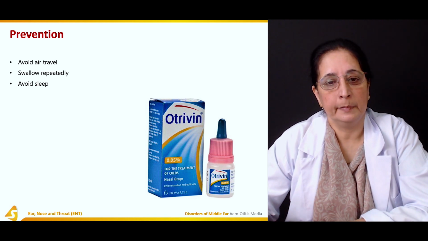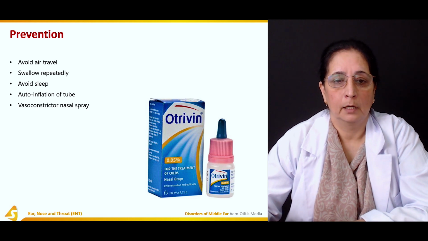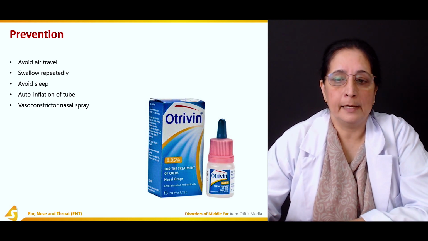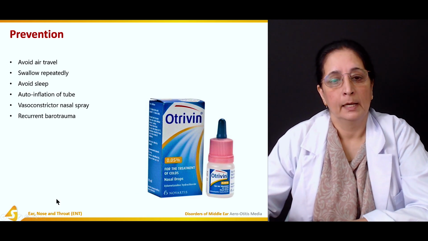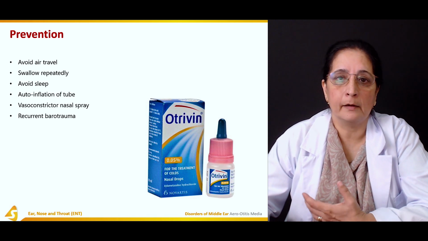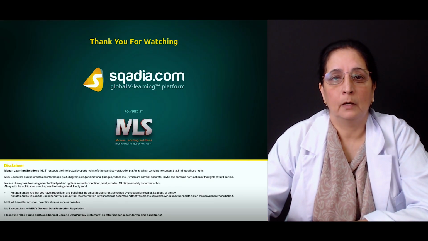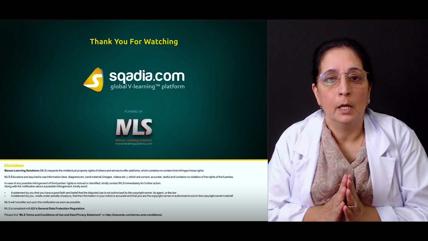Avoid sleep during descent, autoinflation of the tube, and vasoconstrictor nasal sprays like Otrivine can be used. We also try to prevent recurrent barotrauma.